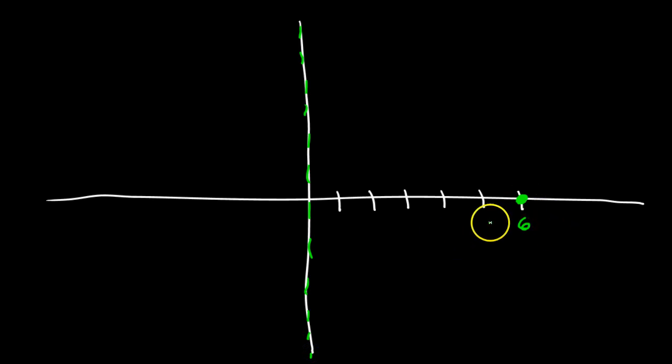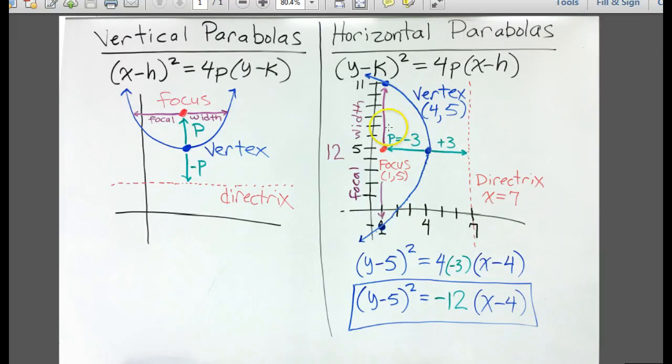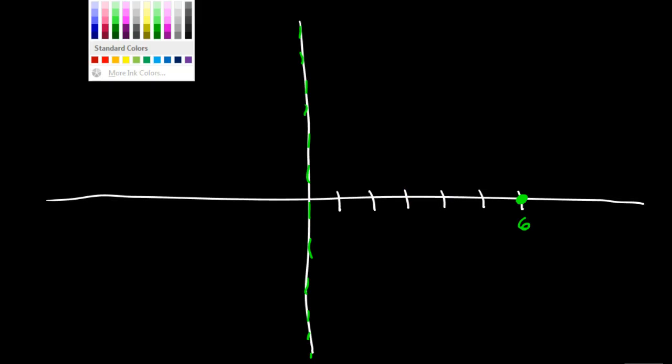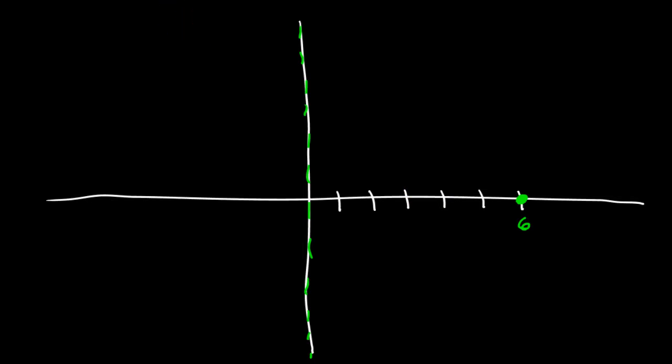Okay, so again, when you're talking about the focus and the directrix, the vertex should be right in the middle between the two. So the vertex of this parabola should be right here, and the coordinates of this vertex are (3, 0).